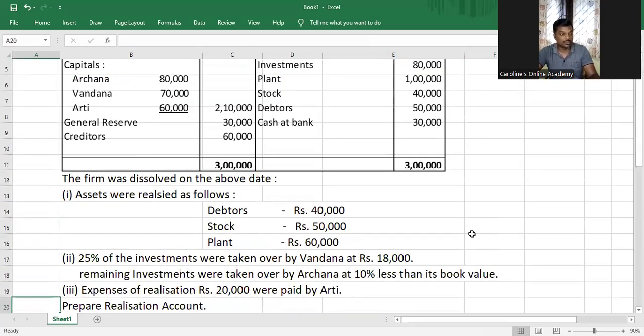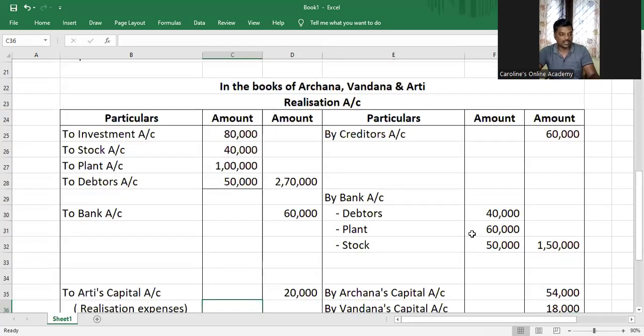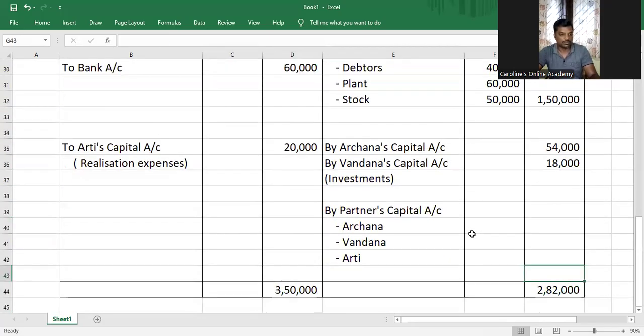It is 5:3:2. We will divide the loss in that ratio. The loss happens to be 68,000, 3,50,000 minus 2,82,000, divided in the profit sharing ratio: 68,000 into 5 by 10, 68,000 into 3 by 10, and 68,000 into 2 by 10.